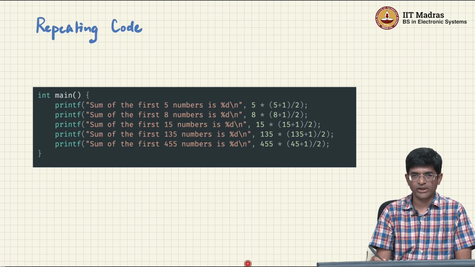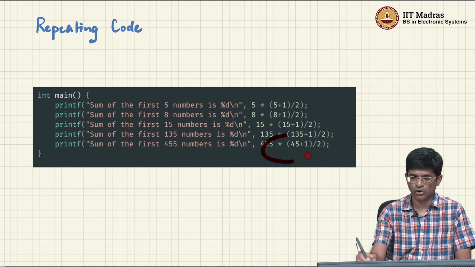Now there are a couple of things you can notice over here. One is that there's a lot of code being repeated, right. All those printf statements are mostly the same except for a few characters here and there that differ. And the second important thing, which hopefully some of you have picked up on, is the fact that there is actually a typo out here, right. So I wanted to print the sum of the first 455 numbers, I've got 455 out here, but by the time I got to this place it was only 45, right.